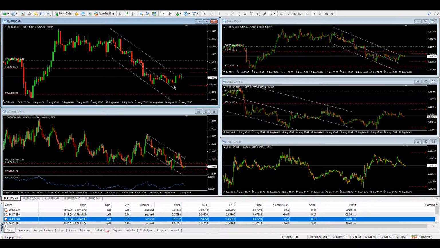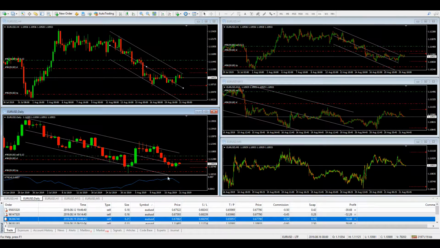And lastly, we've got the euro. So on our daily, clear signs of bearishness. What's not so great at the moment on the daily is the way that it's kind of halted at the average of our standard deviation channel.